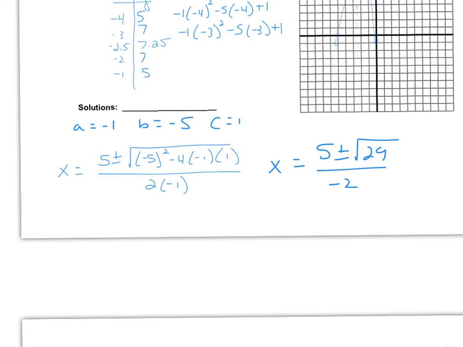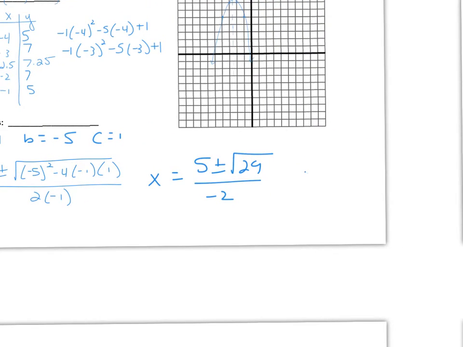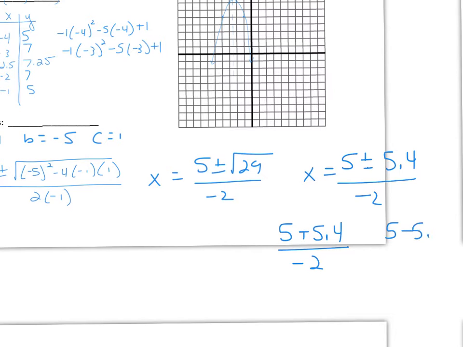All right, and then I'm going to square root that 29 and just get the decimal form here. So I'm getting x equals 5 plus or minus, I'm showing 5.4 when it's rounded off, divided by -2. So 5 plus 5.4, divide that by -2, and 5 minus 5.4, and divide that by -2.